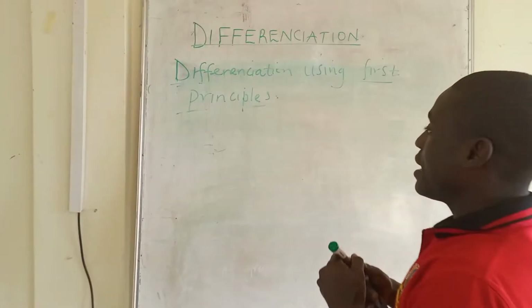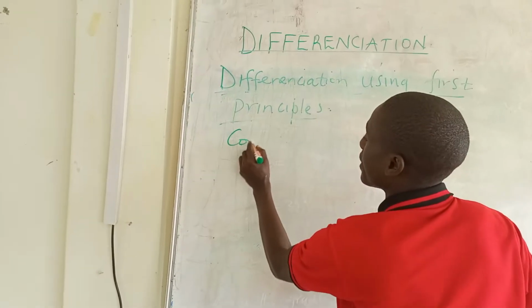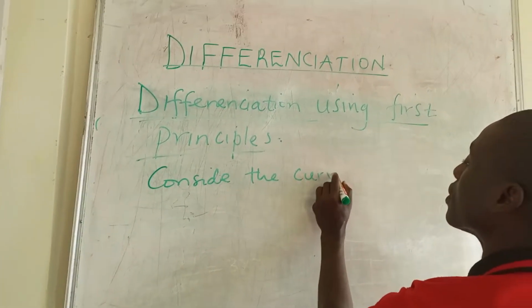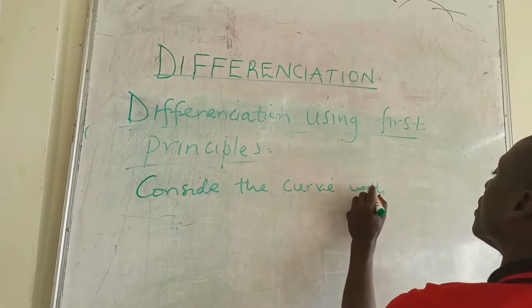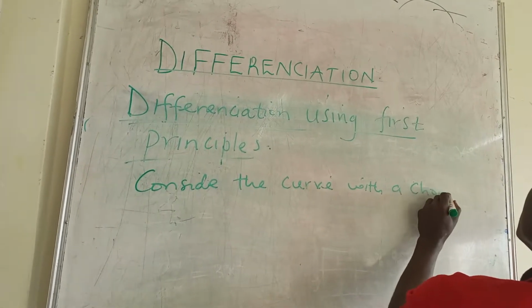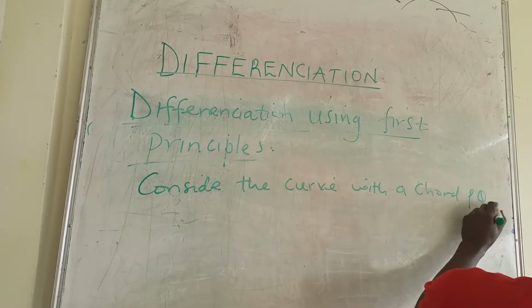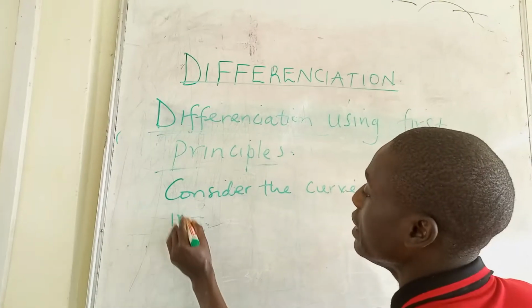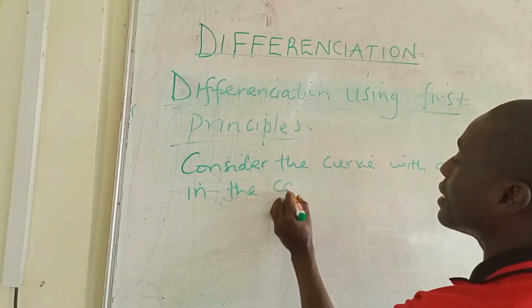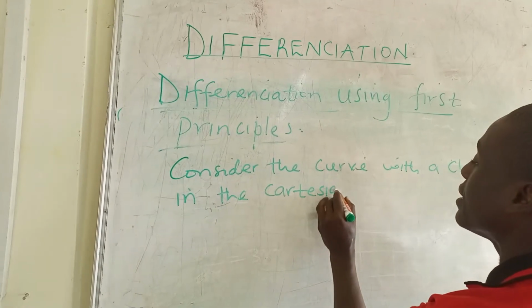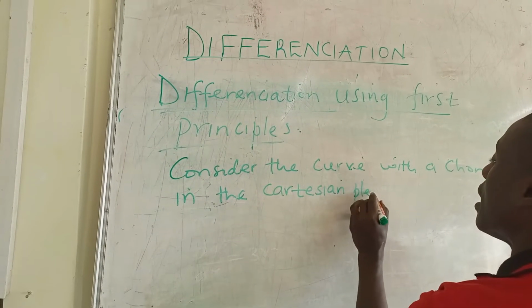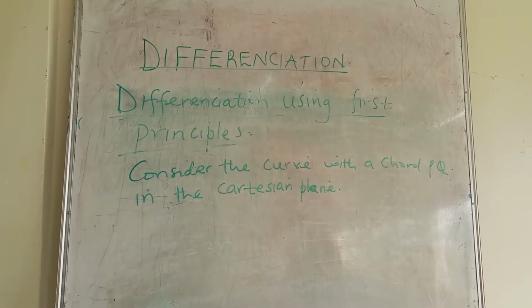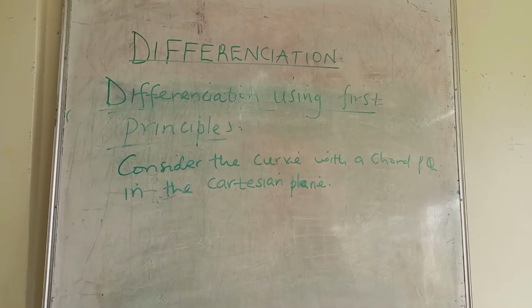If we consider the curve with a chord PQ in what we call the Cartesian plane. And when someone talks about the Cartesian plane, we mean X and Y graph.